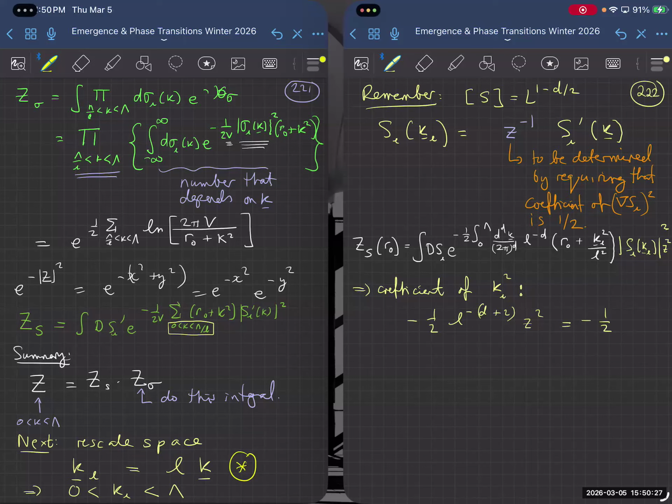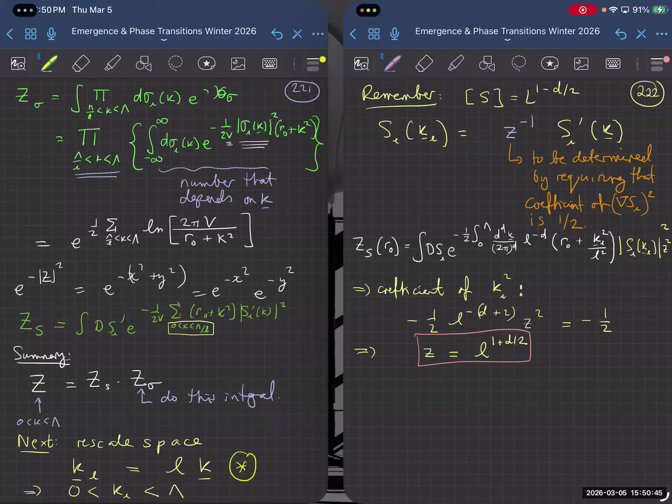That's what we want to have happen. And so that means that this renormalization constant, Z, has to be L to the power 1 plus D over 2. This quantity is known as the wave function renormalization.